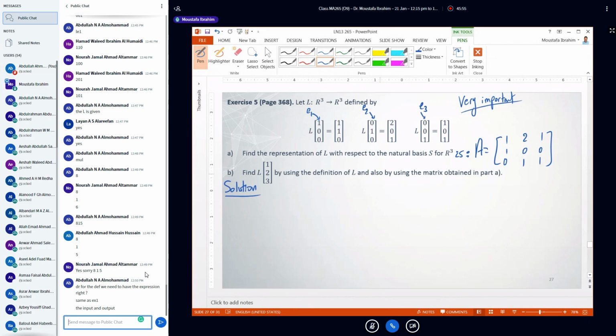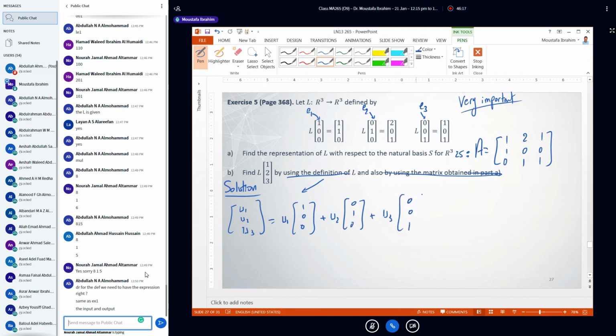Guys, look here. So this one we did, we are done. Now, using the definition. Do you agree with me that if we have (u1,u2,u3), it's equal to u1 (1,0,0) plus u2 (0,1,0) plus u3 (0,0,1), correct?